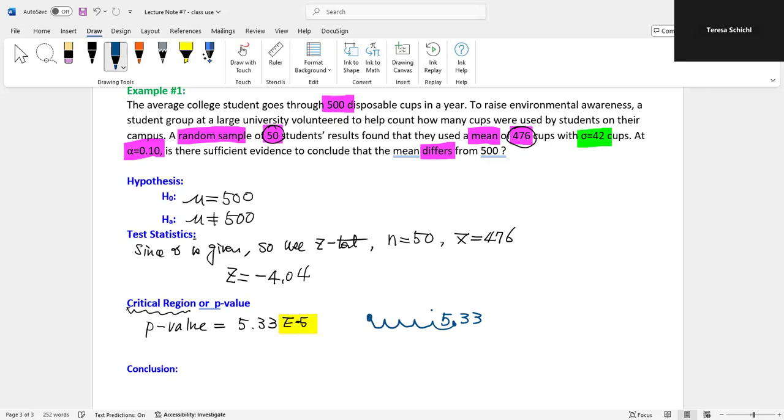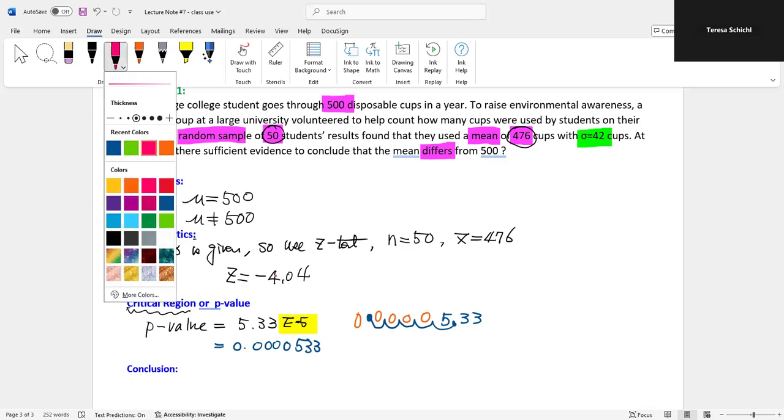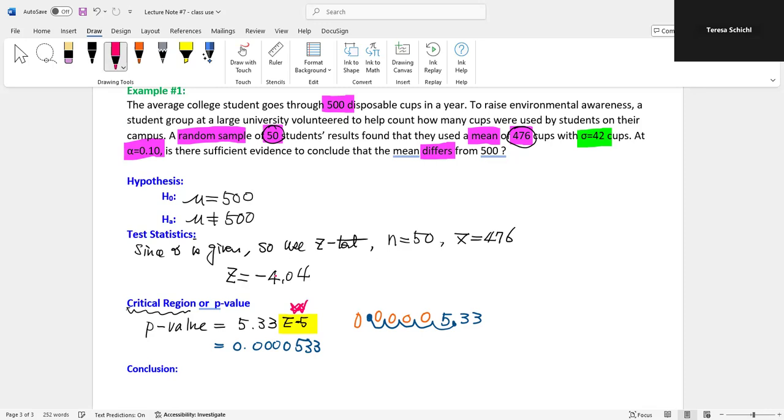You move your decimal to here and fill in zeros. So this is telling you your p-value is 0.0000533. So be very careful. This is what e to the negative 5 means here.